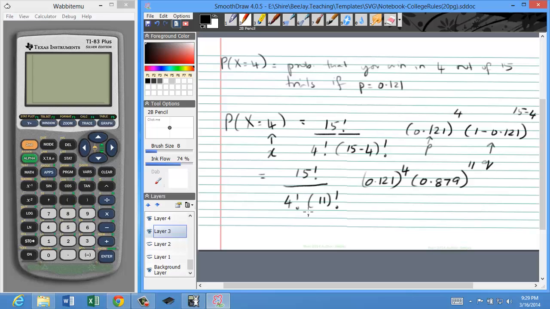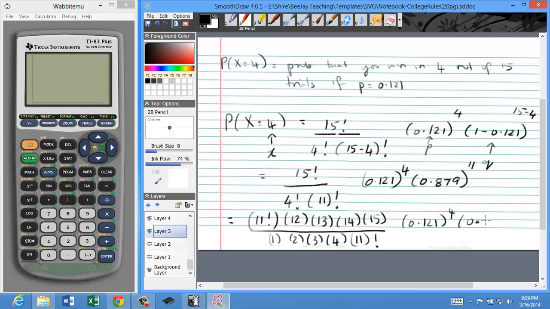If you do a little bit of simplification, you can see that I could write 15 factorial as 11 factorial times 12 times 13 times 14 times 15, divided by 4 factorial, which is 1 times 2 times 3 times 4, times 11 factorial, multiplied by 0.121 raised to 4 times 0.879 raised to 11.